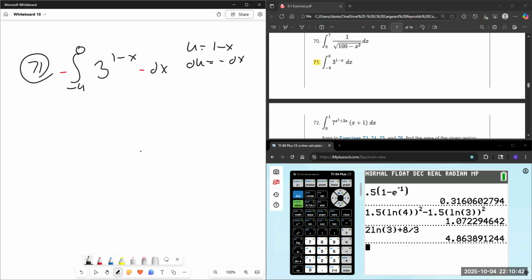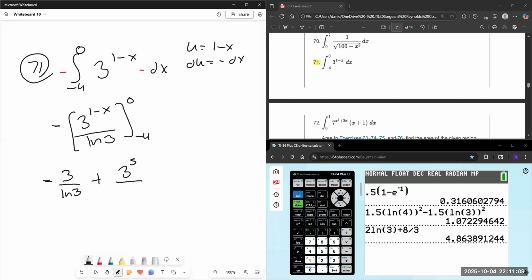And this is going to be negative 3 to the 1 minus x over ln of 3, evaluated from negative 4 to 0. That's going to be negative 3 over ln of 3 plus 3 to the 5th over ln of 3.